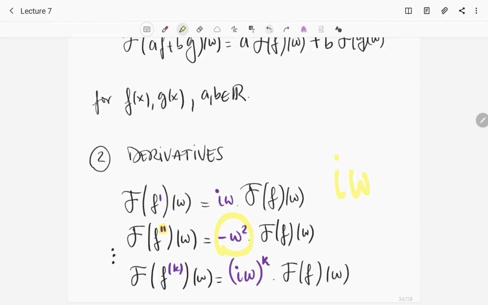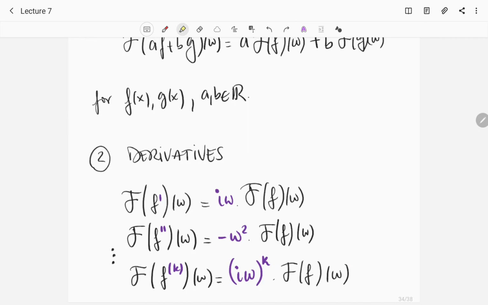So we have two times this factor, and again the Fourier transform of the function f. You can imagine if we differentiate 3 times, then we will have this factor to the power 3. If we differentiate 4 times, this factor to the power 4. So at the end, the Fourier transform of the kth derivative of f is i omega to the power k, times the Fourier transform of f.